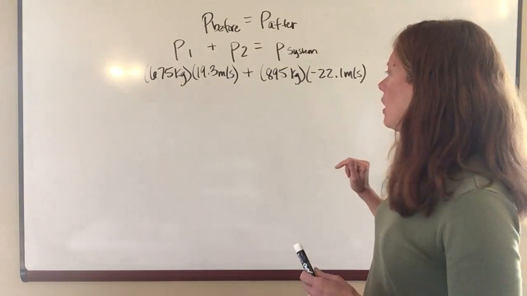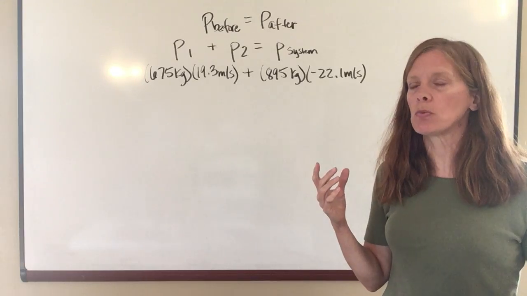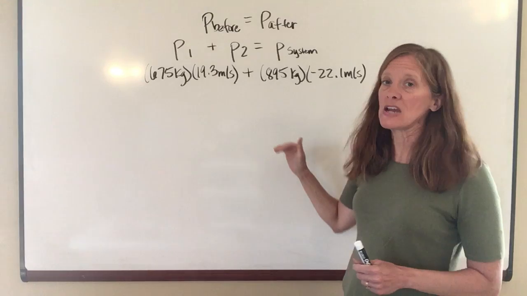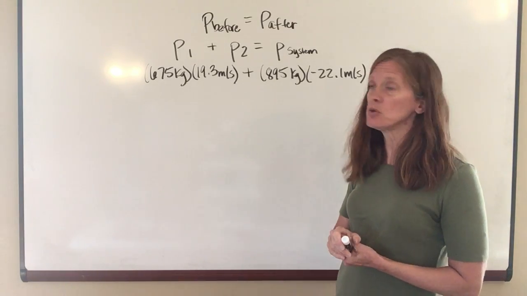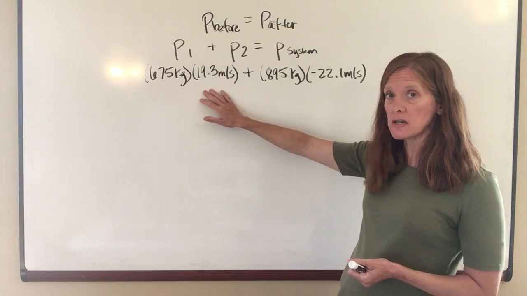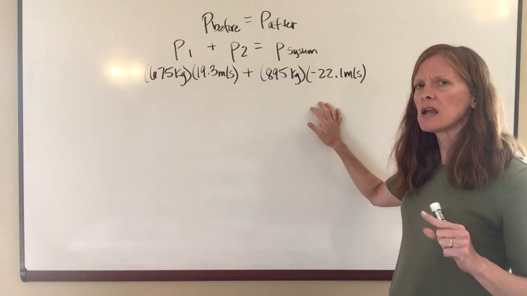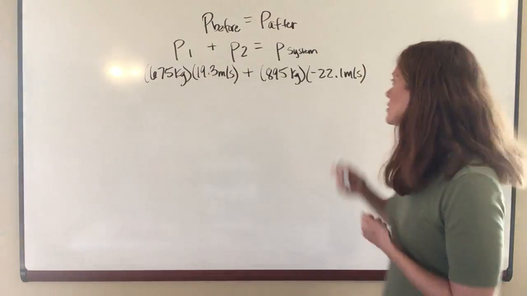And so, based on just your knowledge of how things normally work, once the cars collide, which way do you think the two-car system is going to be moving? Is it going to be moving the same direction as this car was? Or is it going to be moving the same direction as this car was? I'm not going to answer that yet, but I want you to think about it, and then when we get done here, we'll see if you're correct.